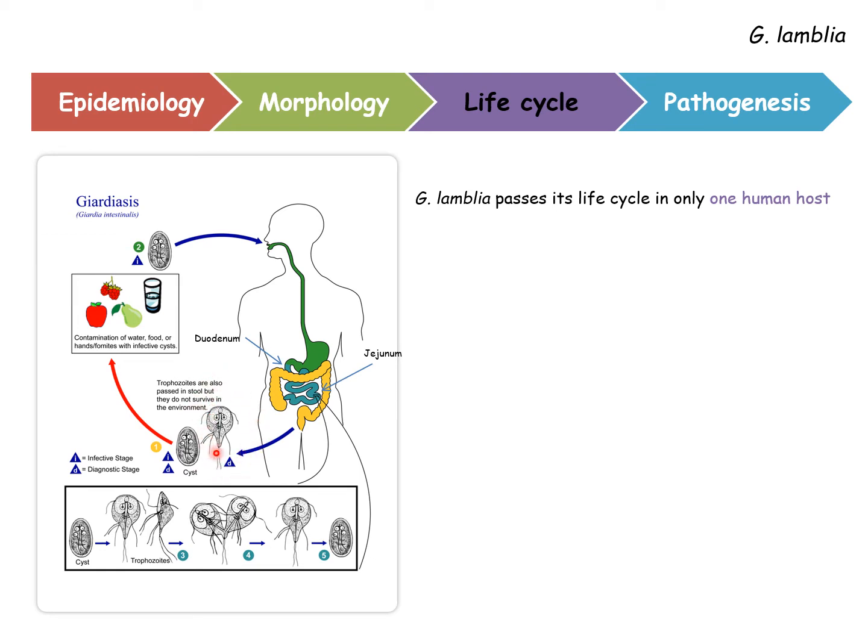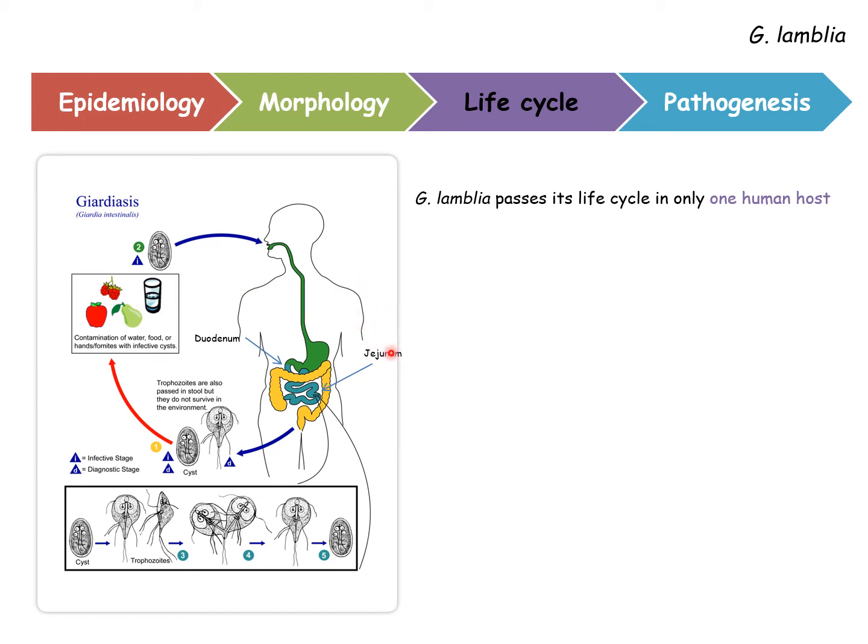However, the trophozoite is not stable outside the host, so it will disintegrate shortly after being excreted, while the cyst is the infective stage. It is more robust and resistant to environmental stress, so it can circulate in the environment. Humans get infected when we ingest food or water contaminated with the cyst.